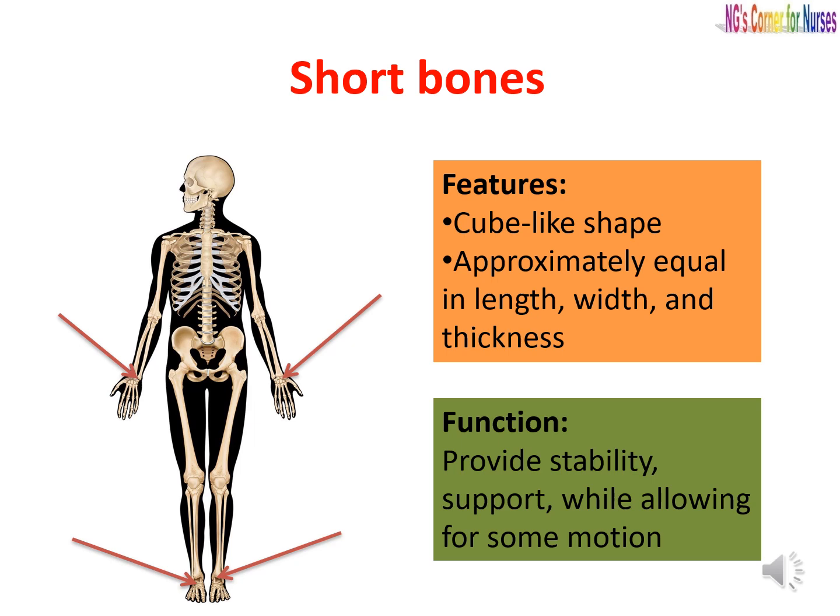Next is short bones. Short bones have a cube-like shape and are approximately equal in length, width and thickness. These bones provide stability and support while allowing for some motion. We can find the short bones in our wrist and ankles.